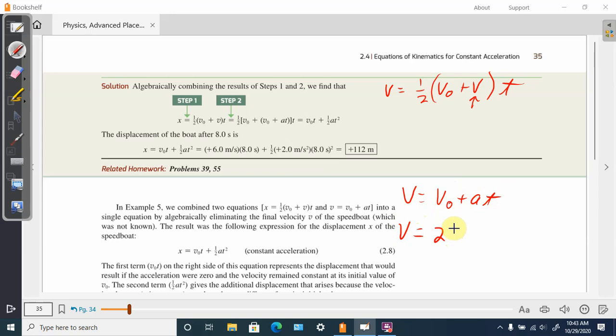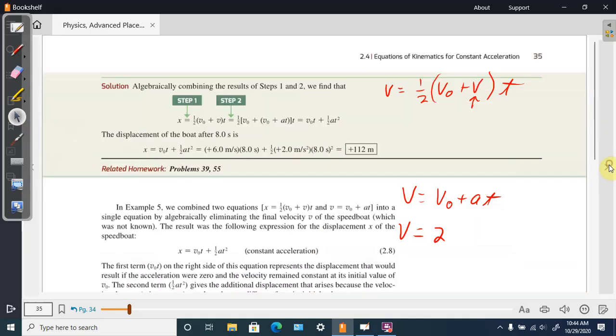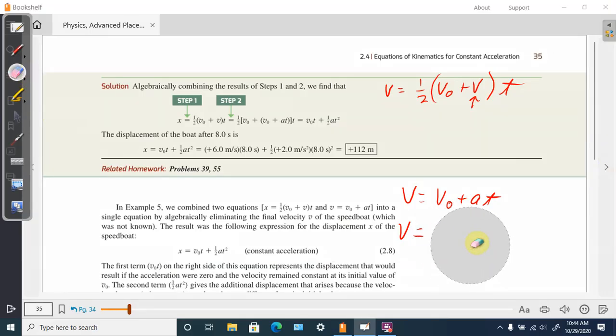No, let me go back and look for 1 second, because you see what our v was in the last page there. Sorry about that. Our initial velocity, our v sub 0 was 6. My mistake. Okay. So this v sub 0 will be 6. So 6 plus our acceleration was 2 and our time was 8.